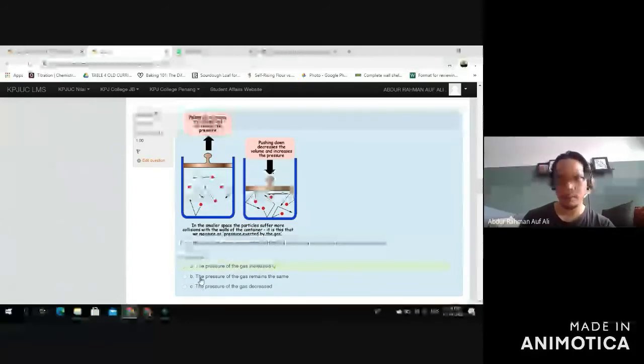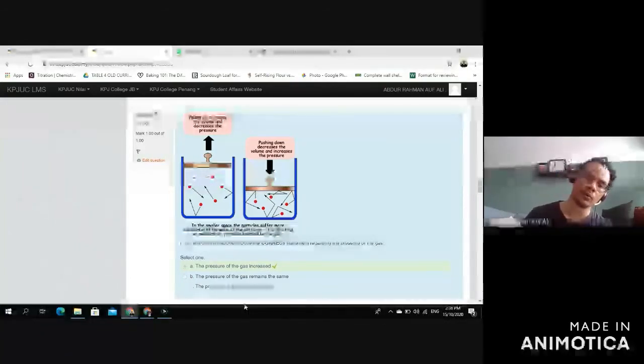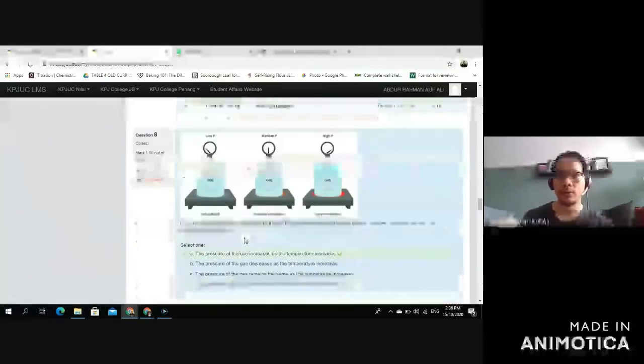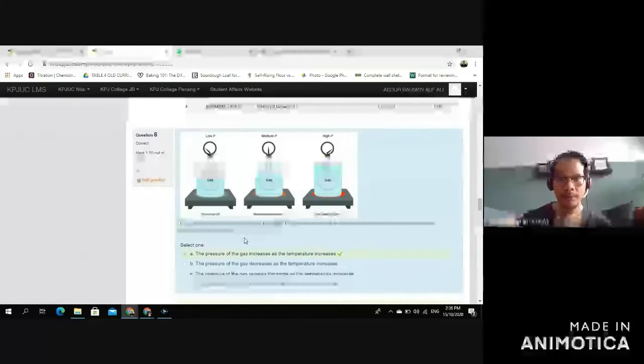So tengok B punya option, the pressure of the gas remains the same, tak betul. Okay, and C, the pressure of the gas decrease, also tidak betul. Alright, so that's the concept. Kenapa tekanan boleh jadi tinggi kalau volume dikurangkan.